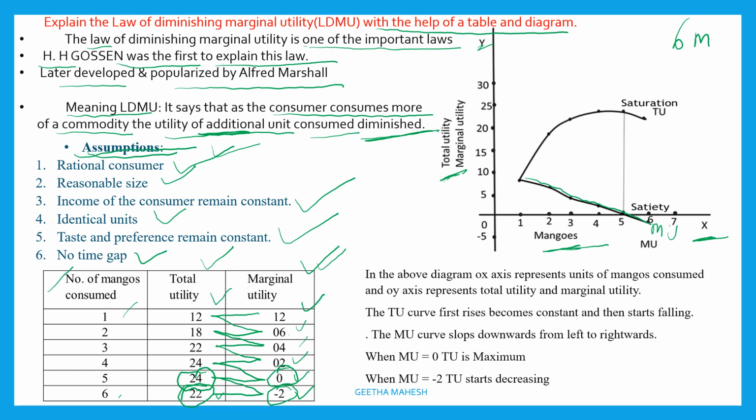But you can observe total utility increases, later becomes constant and starts decreasing. In the diagram you can see here at the 5th unit marginal utility will be 0 but total utility will be at its maximum. When marginal utility becomes minus 2, total utility starts decreasing.